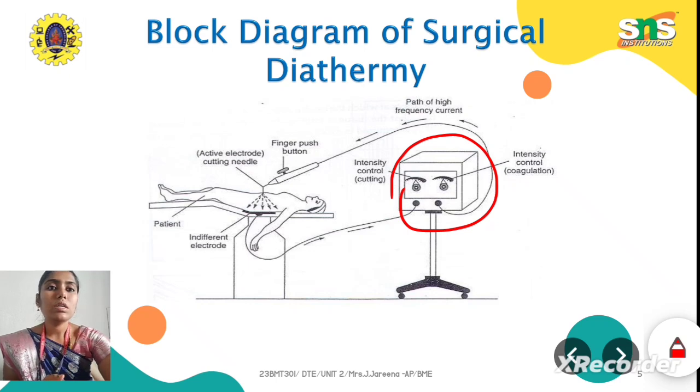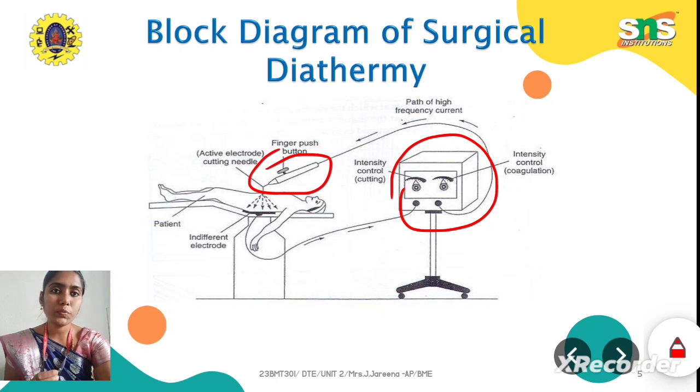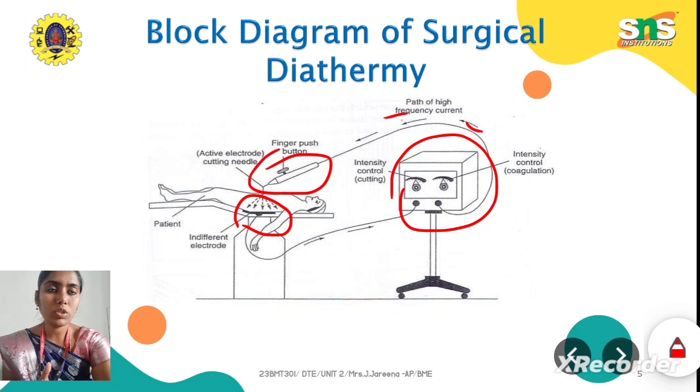This pencil type of electrode here acts as the active electrode, because it makes direct contact with the tissue where you want to make a precise cut. And another electrode is placed on the other hand, that is the backside of your body. This second electrode is nothing but the reference electrode, and you can also call it the patient return electrode or indifferent electrode, because the main concept of surgical diathermy is that you can see the path of the high frequency current.